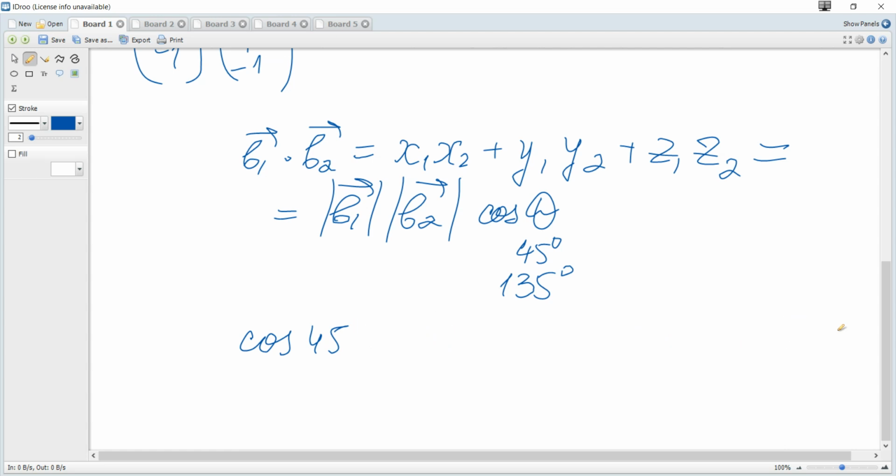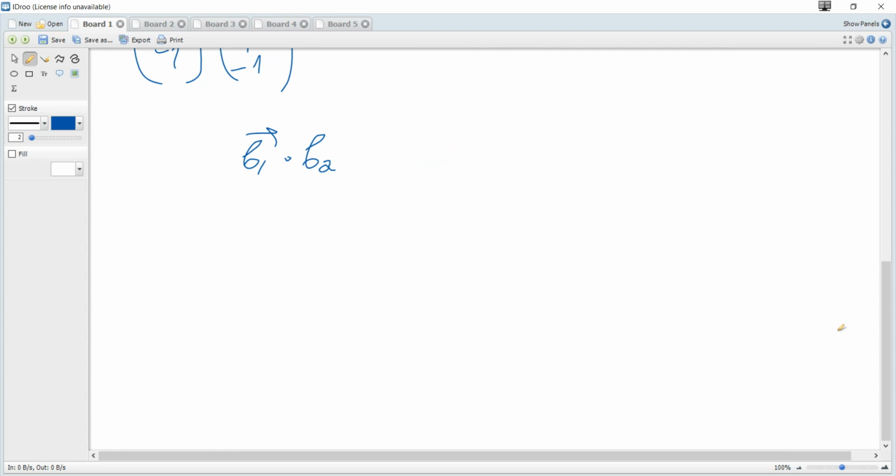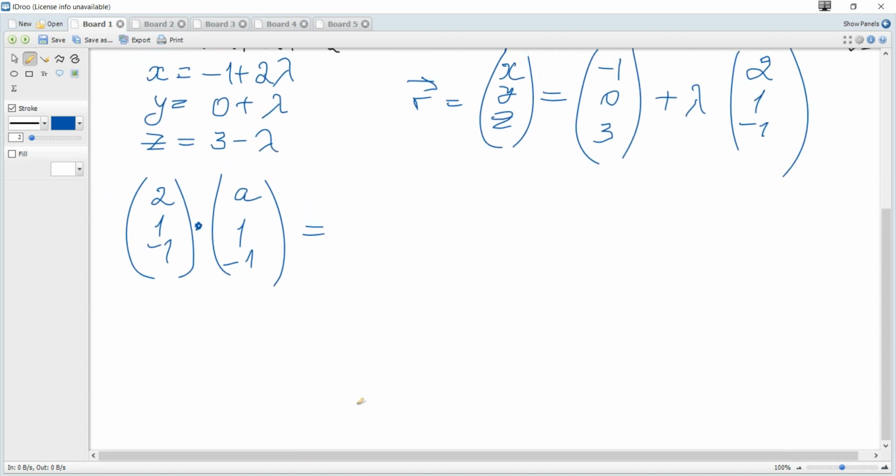Hence, our dot product is equal to the magnitude of the first vector, the square root of the sum of squares of the coordinates, so 4 + 1 + 1 is √6, and the magnitude of the second is √(a² + 2), multiplied by the cosine.